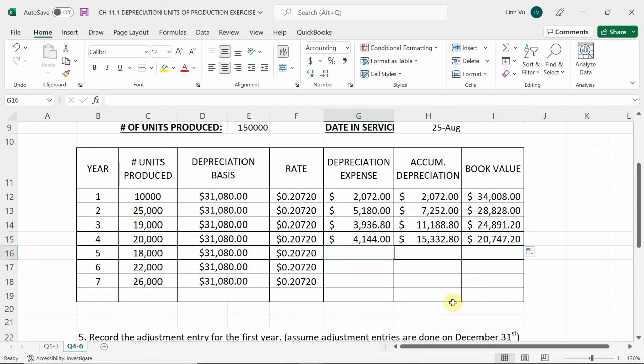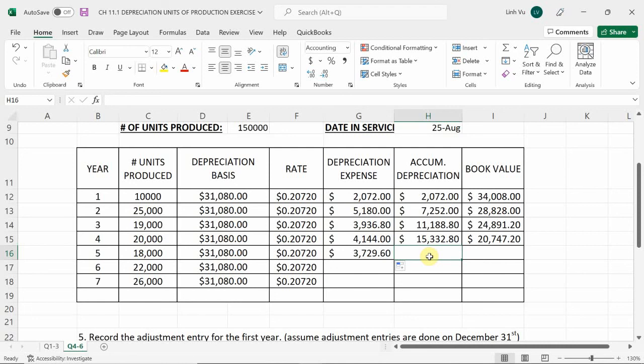Okay. So let's keep going. Year 5, if I drove 18,000 miles, what is my total depreciation expense? It would be $3,729.60.